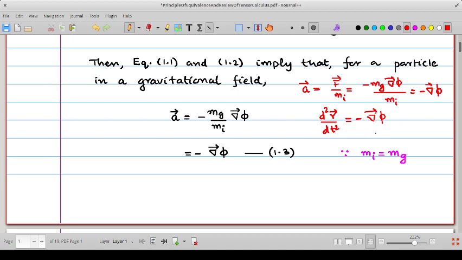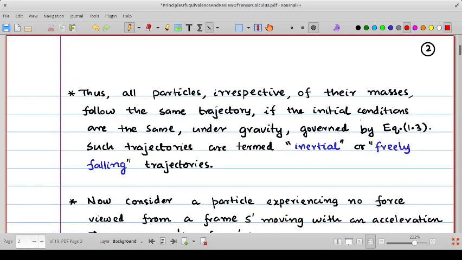One has to specify the initial position and the initial velocity. And given those initial conditions, any particle with any mass will follow the same trajectory, because the solution will be the same provided the initial conditions are the same. So, irrespective of the mass of the particle, all material particles follow the same trajectory if the initial conditions are the same under gravity only.